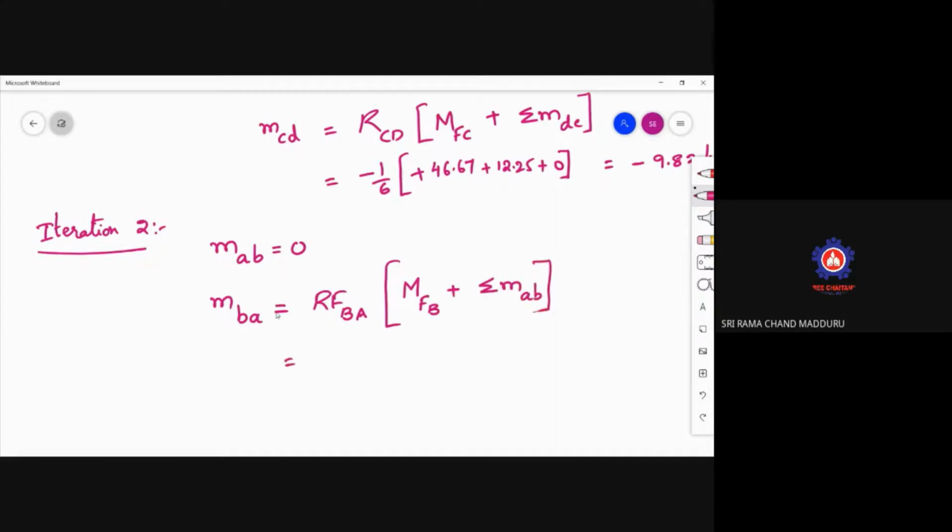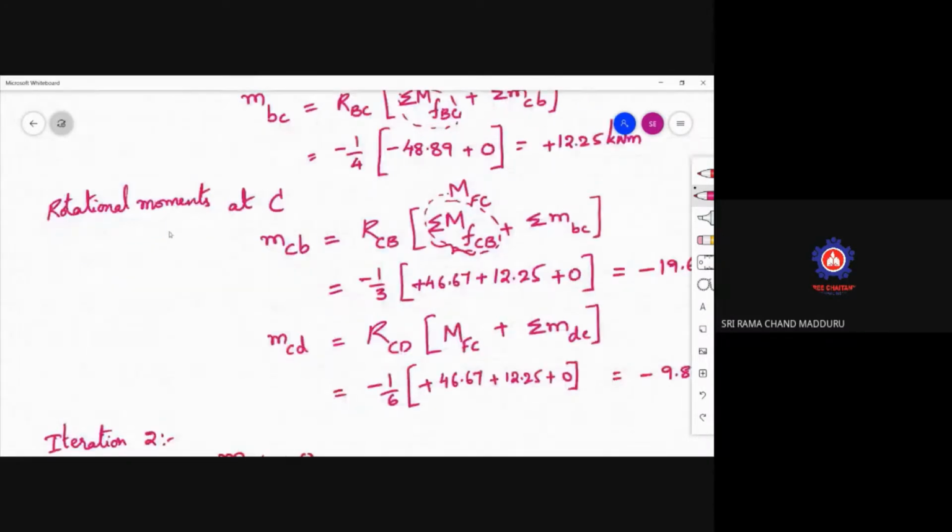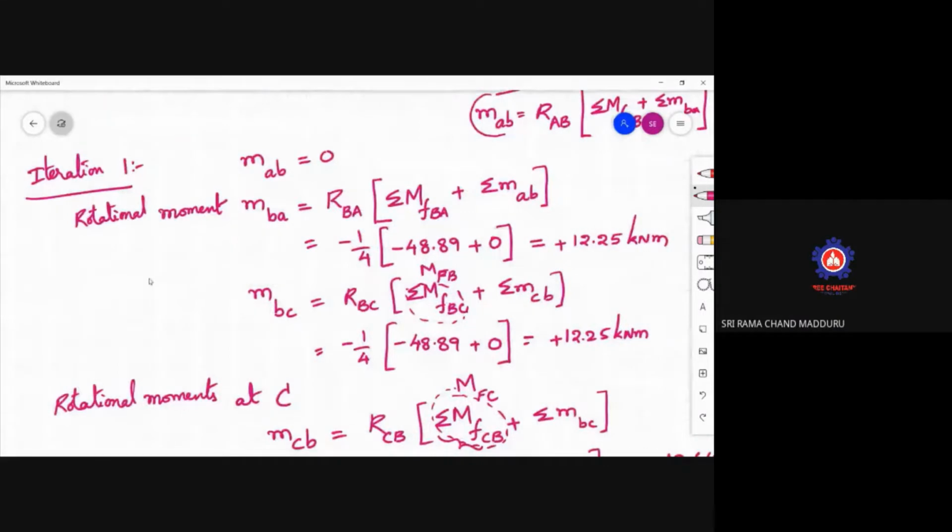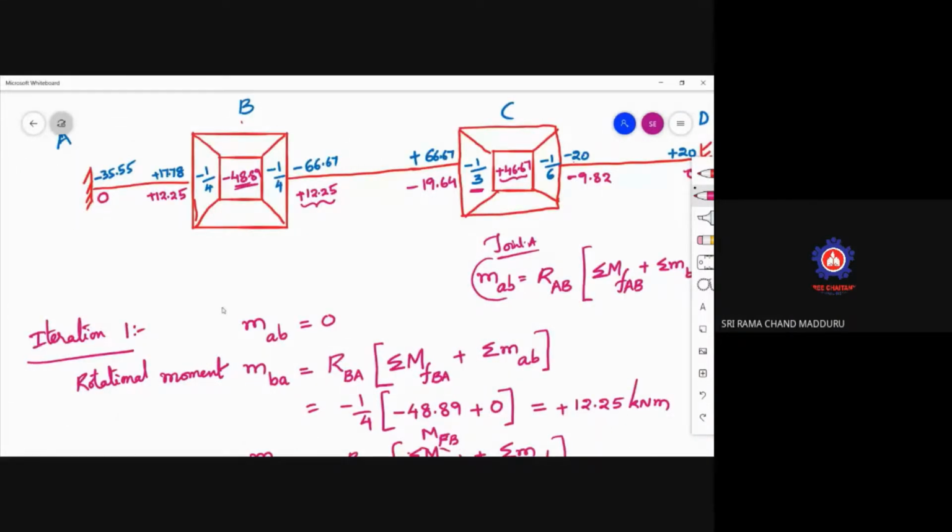Now see this one. RFBA is minus 1/4 into MFB. We have written it as minus 48.89, which is also written in our box. Just go to the box. Minus 48.89.